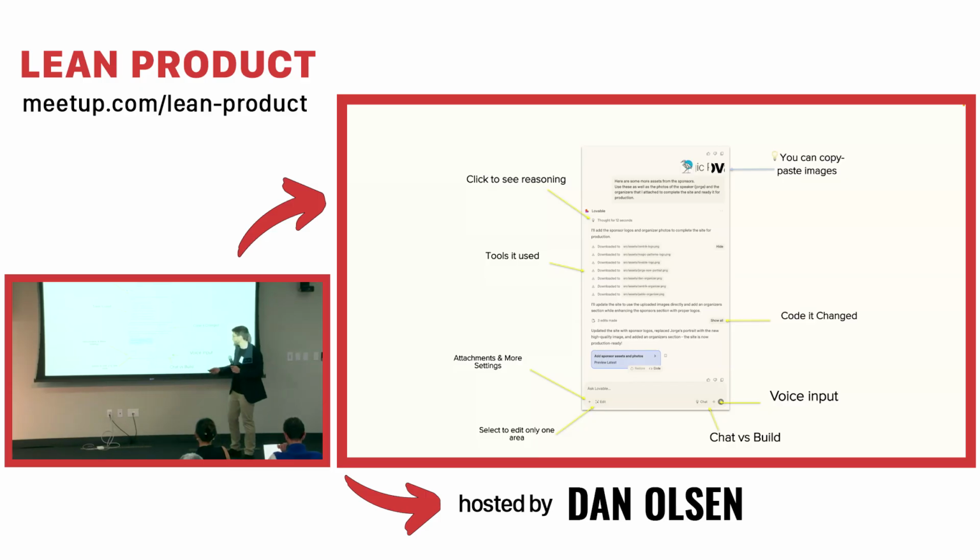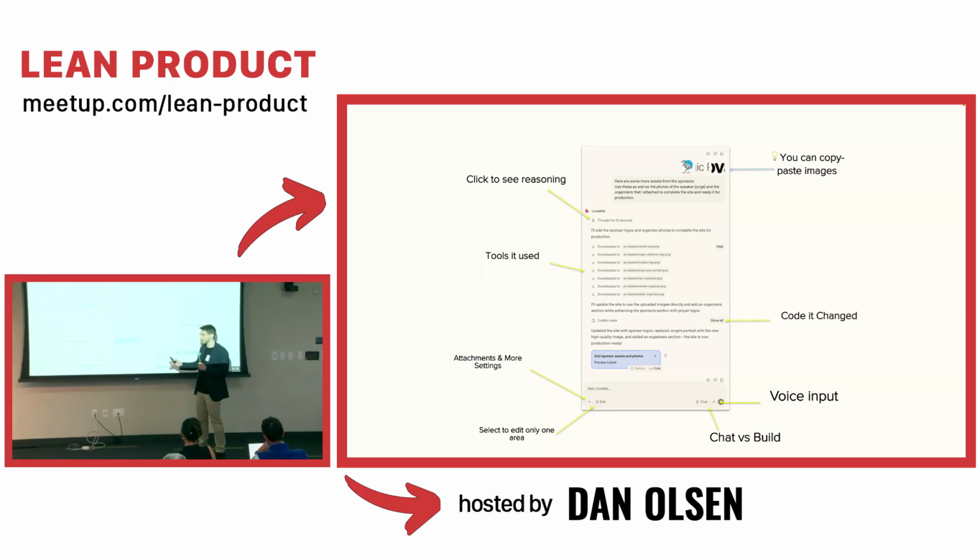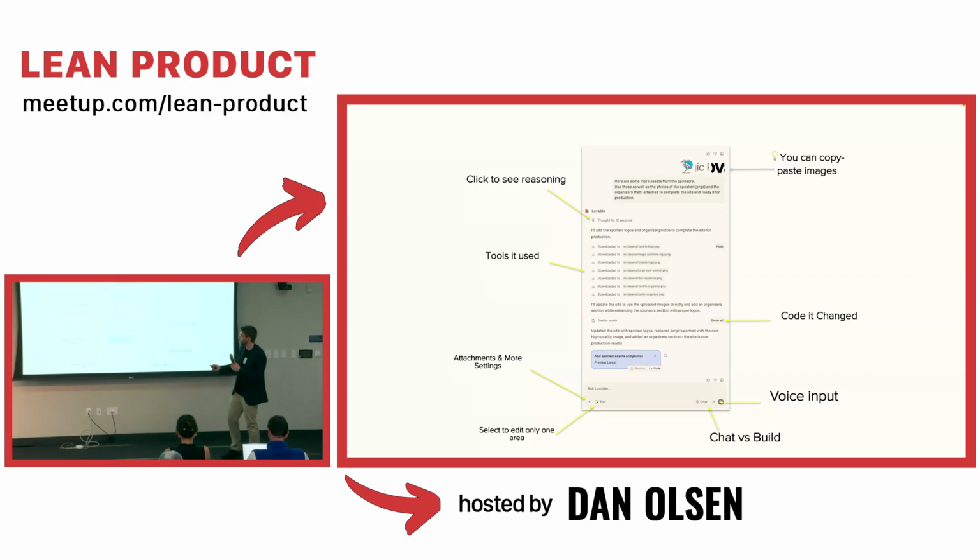The attachments, we've talked about it quickly, and the last two things that are really important. Chat versus build. This exists in different names in all of the different tools. When you are in build mode, you're talking to a system that has access to edit the code, run other scripts, interact with the code base. When you're with chat, you're only discussing.